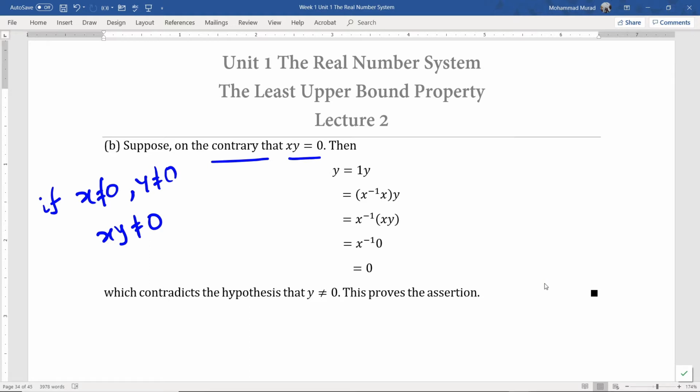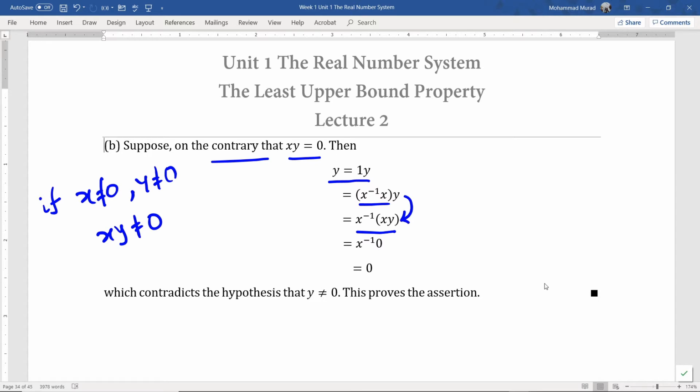Then we can begin with the statement: y can be written as 1 times y. This is the definition of the element 1. And then 1 can be replaced by the product x inverse x. And then by the associative law for multiplication, we can write this as x inverse times xy.